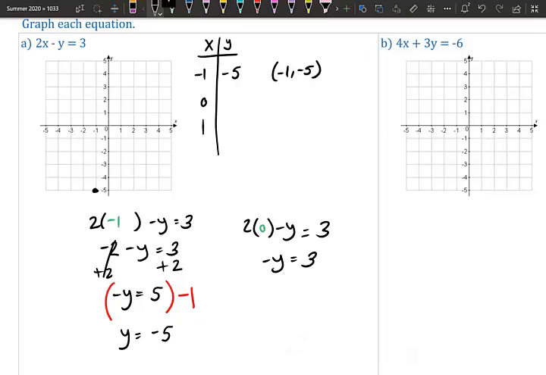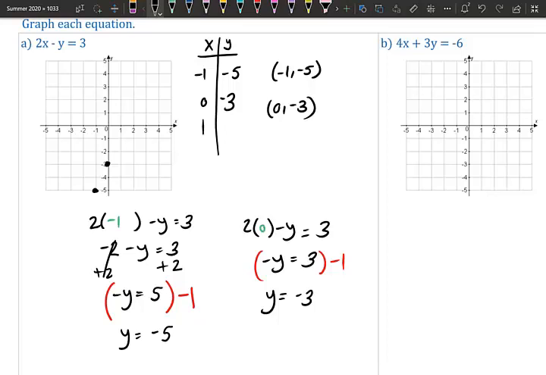Now, we're not allowed to have -y, so we multiply by -1. All that does is switch the sign. So -y becomes +y, +3 becomes -3. So our point is 0, -3. Now we can plot that. Starting at the origin, I don't go left or right, I just go down 3.